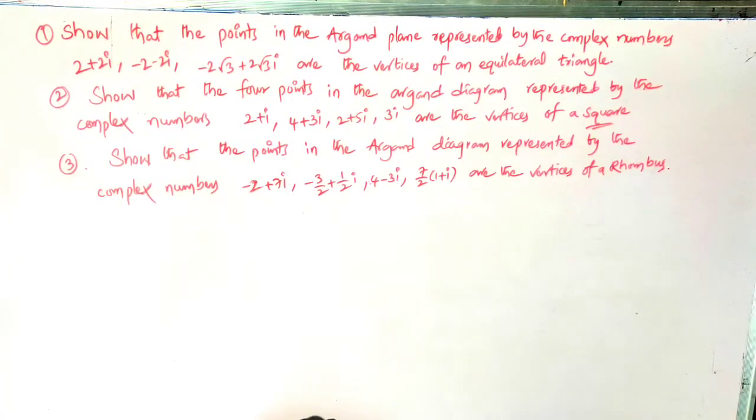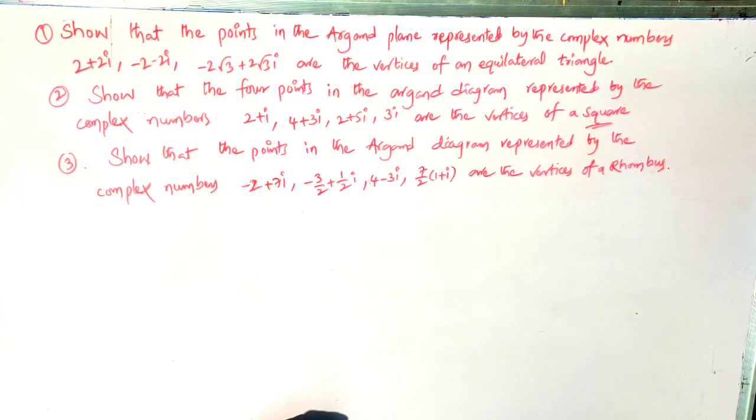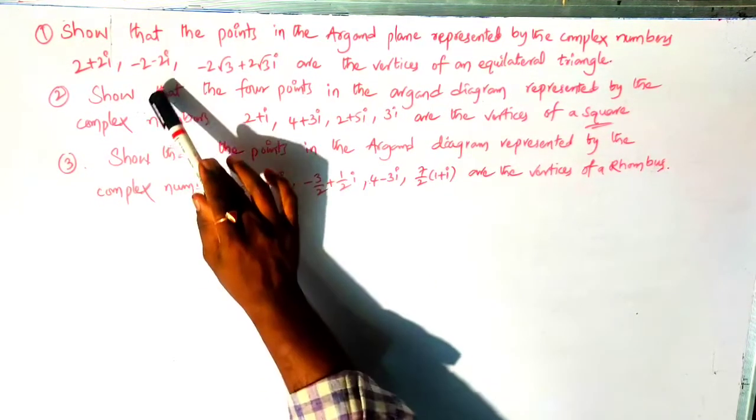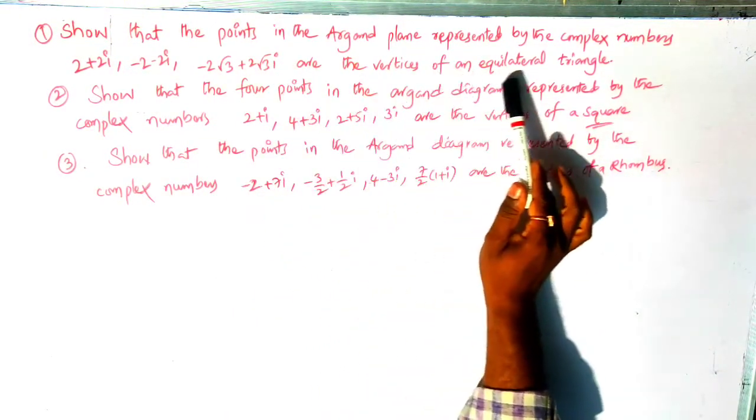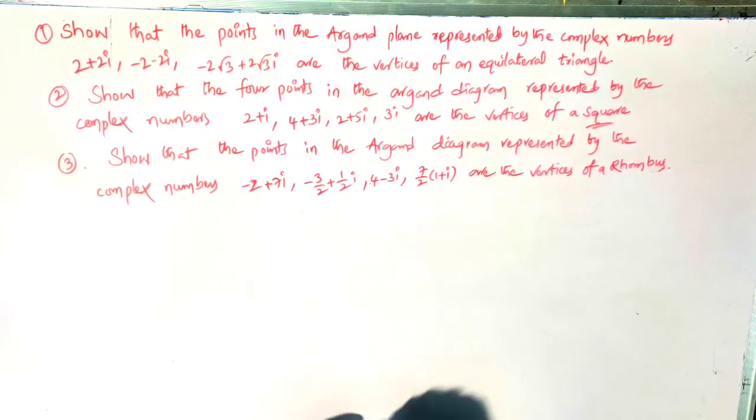Right, next question is: show that the points in the Argand diagram represented by the complex numbers 2 plus 2i, minus 2 minus 2i, minus 2 root 3 plus 2 root 3i are the vertices of an equilateral triangle.